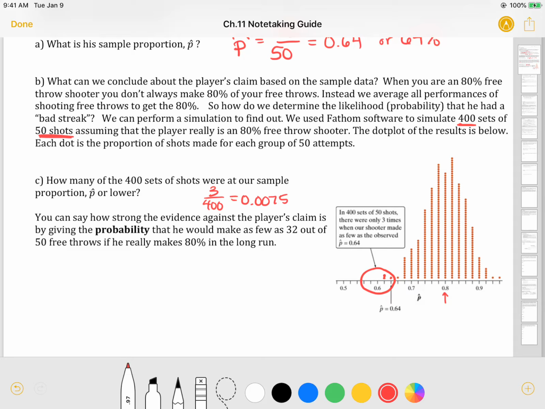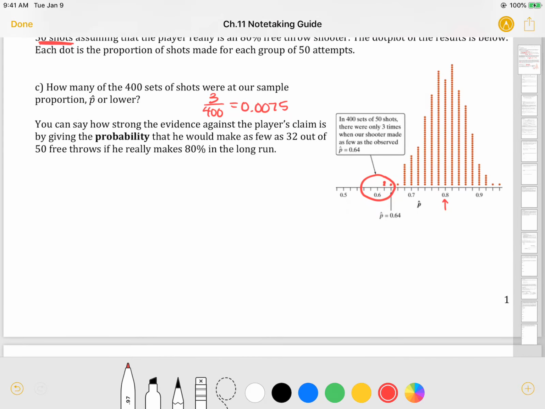So what we're going to write up here is this idea of statistical significance.